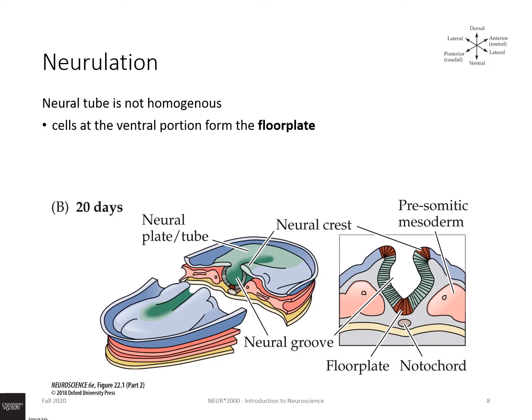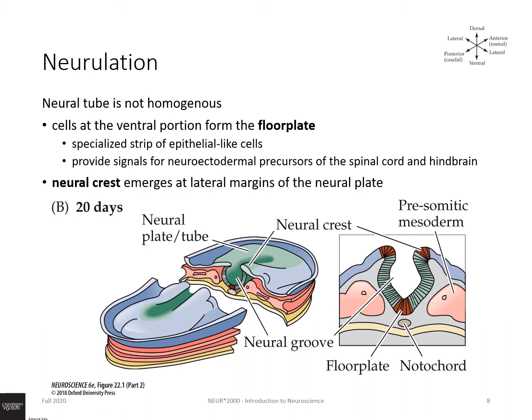Now, it's important to know that the neural tube is not homogeneous. There are different cell types within the neural tube. For instance, the ventral portion here, the floor plate, is a specialized strip of epithelial-like cells that provide the signals for neuroectodermal precursors of the spinal cord and the hindbrain.